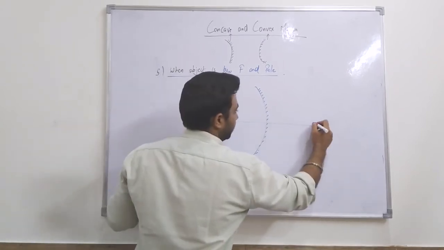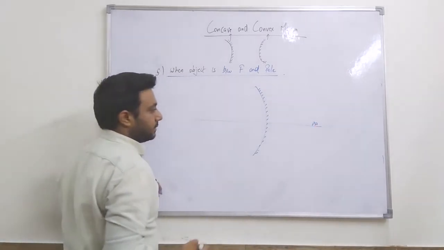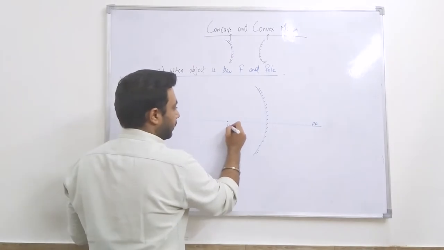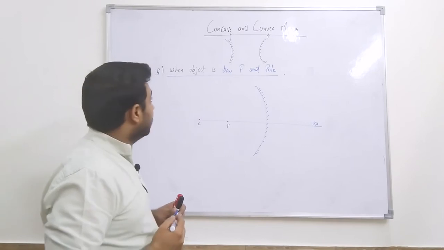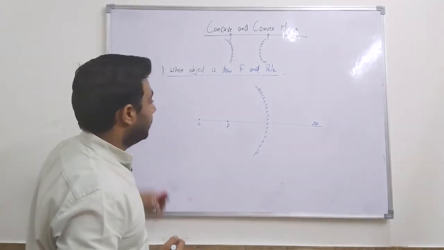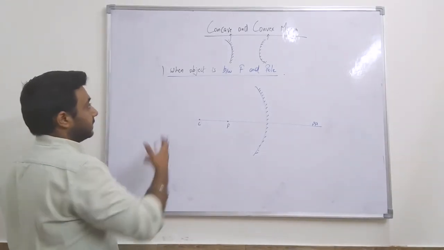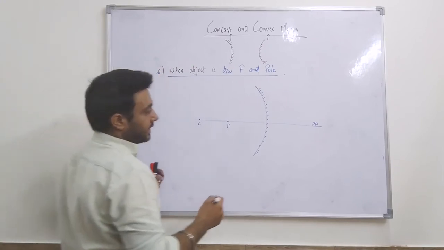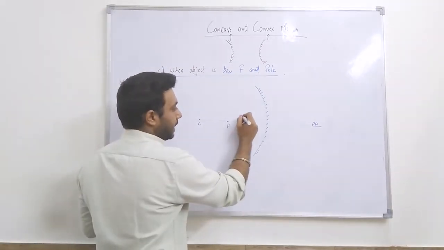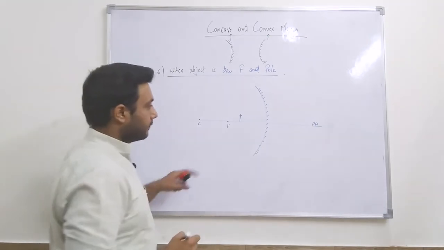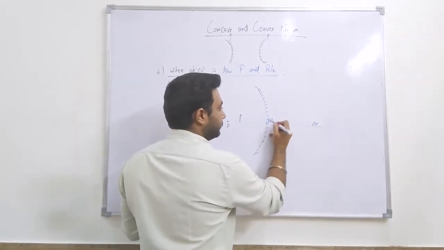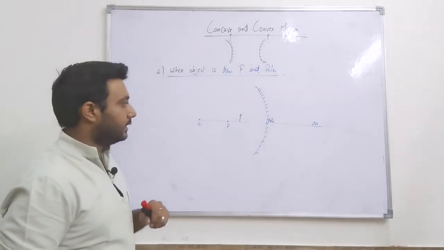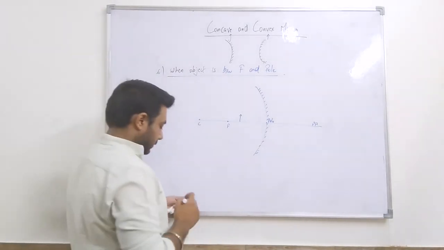This is the principal axis. This is focus. This is curvature. Now this is the sixth case and the last case. The object is between focus and this point, which is called the pole. Right? We have seen it earlier.